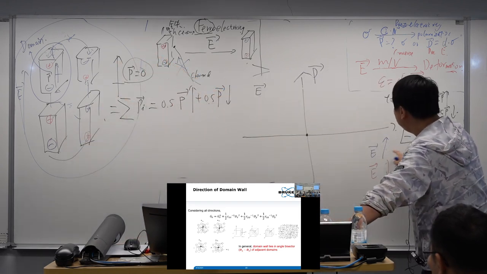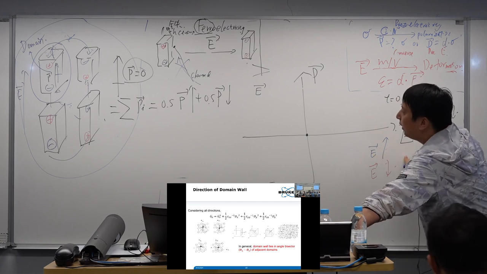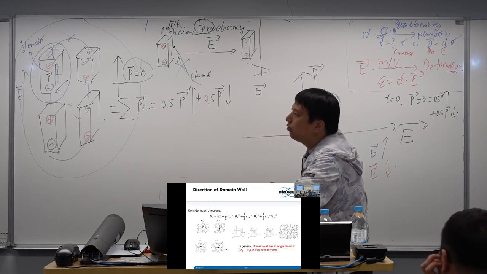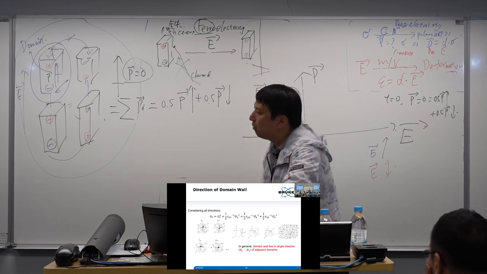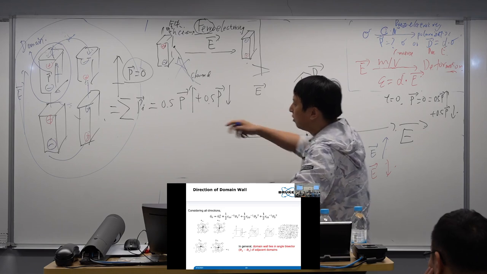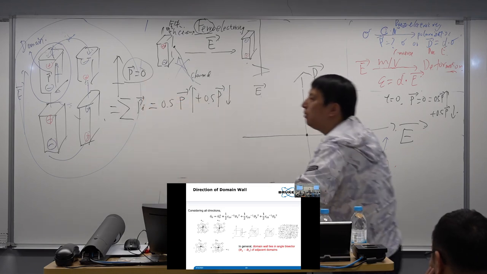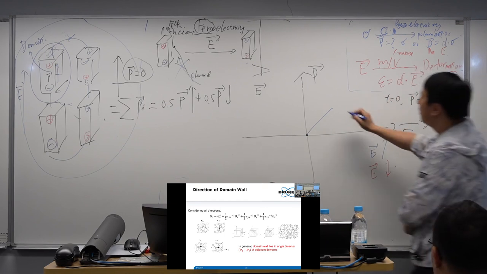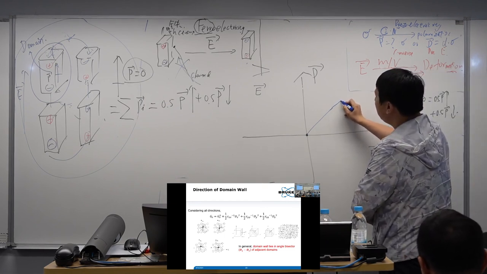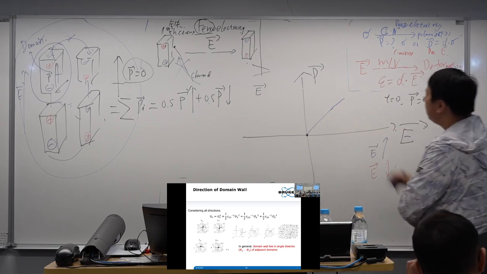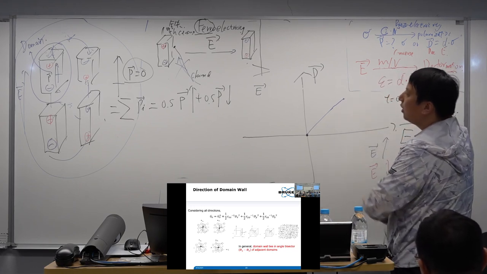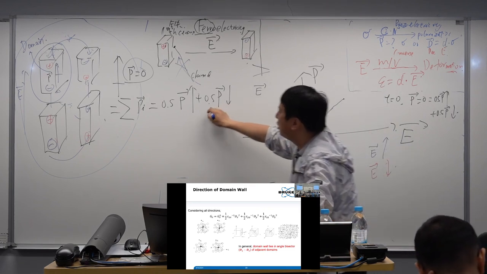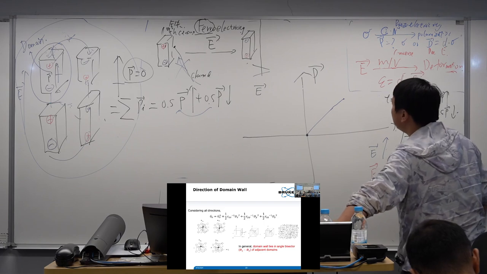So once I increase the electric field, the number of facing down polarization should reduce, and the facing up should increase. So the total polarization should be increased, right? So I continuously increase until at this point, the whole facing down polarization has changed to facing up.